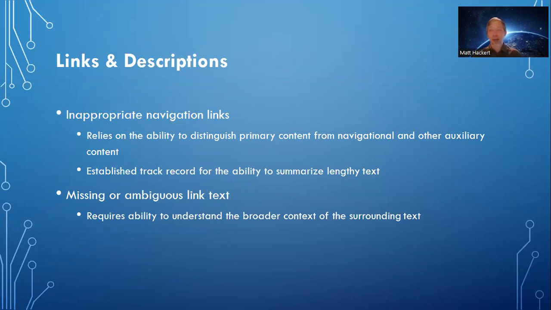Next, we'll talk about missing or ambiguous link text. So links may be necessary for web navigation only if properly used. It is because missing or ambiguous link text can trigger multiple accessibility issues. For example, missing link text is an obstacle to screen reader users.